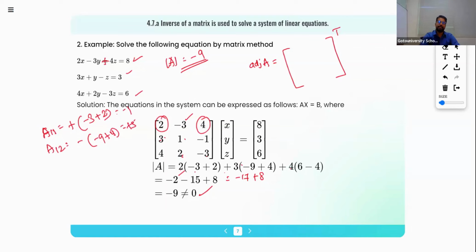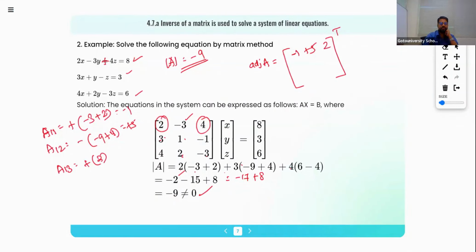So I'll write it here directly, plus 5. And A13 will be again plus sign, 3 2s are 6 minus 4. Yes, 3 2s are 6 minus 4. What do we get? Tell me. Which is plus 2.